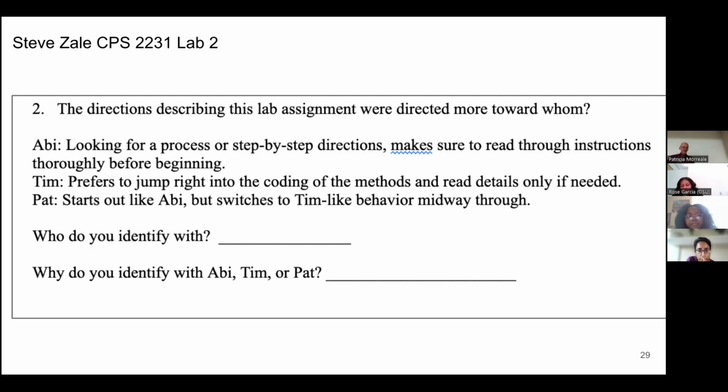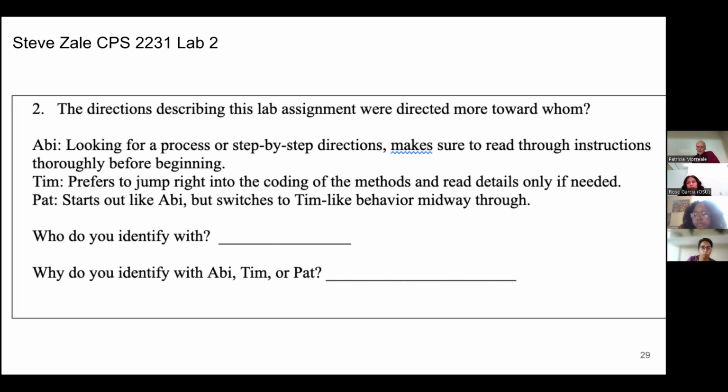So just finishing up, by encouraging students to think about their cognitive styles in this way, I think we can help them become more self-aware and understand their individual preferences and tendencies when it comes to programming tasks.